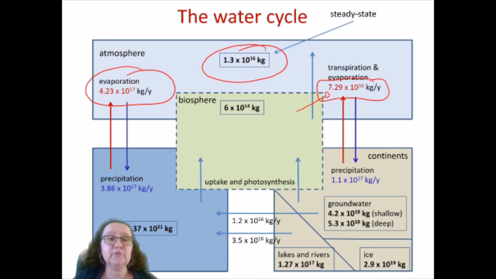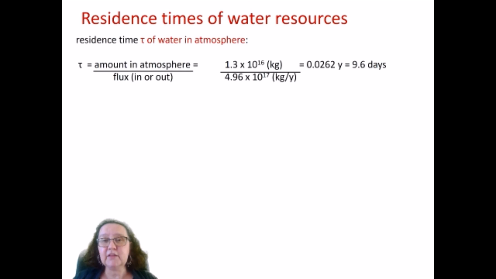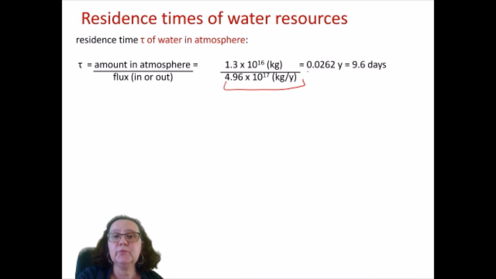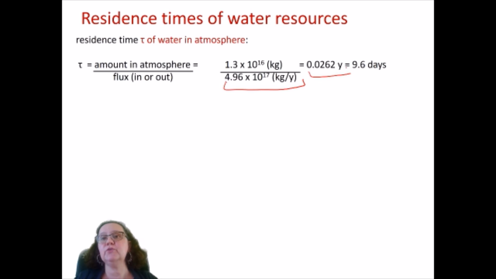So 4.23 × 10^17 plus 7.29 × 10^16. That is give or take 4.96 × 10^17, and that gives me 0.0262 years, which is give or take 9 to 10 days. So that would be the residence time of water in the atmosphere.